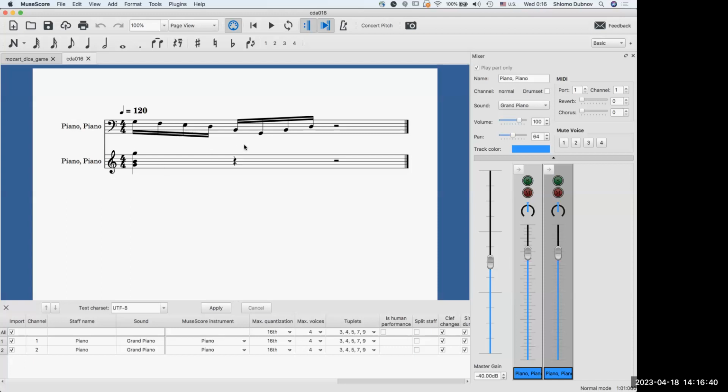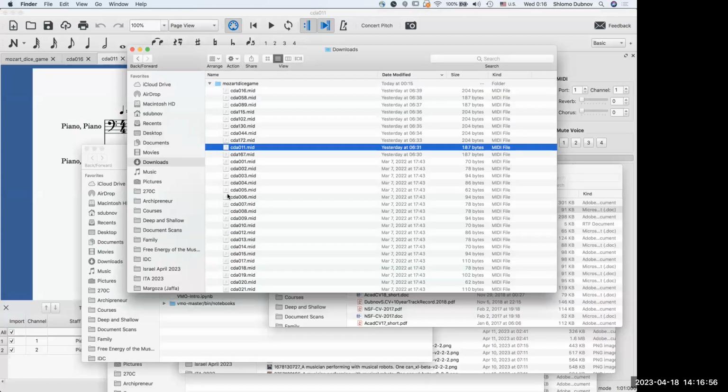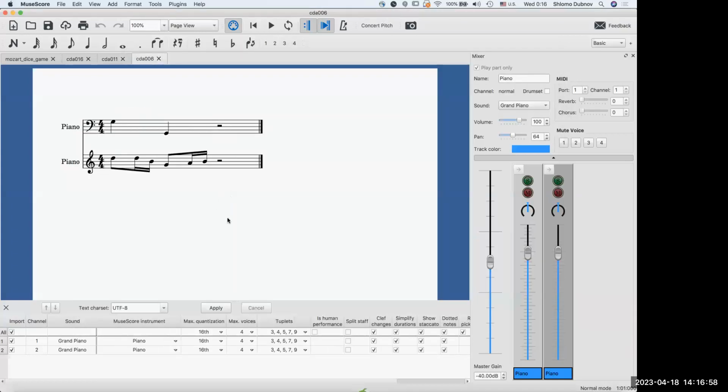For some reason MuseScore opens this in a way that the left hand of the F clef is on top, but it doesn't really matter. So this is one clip, this is another clip, this is another one. So you can see where we go from here.